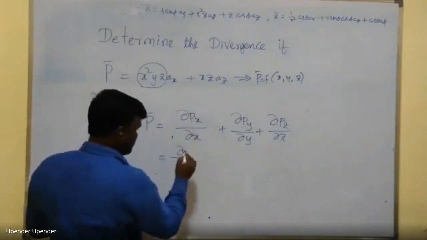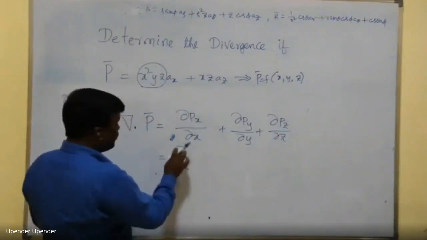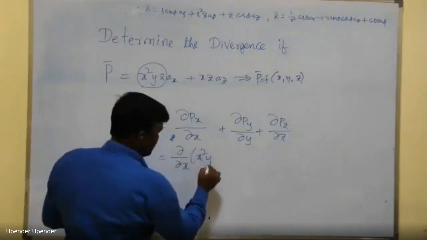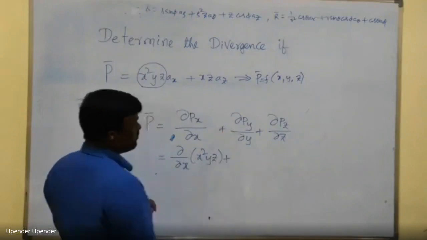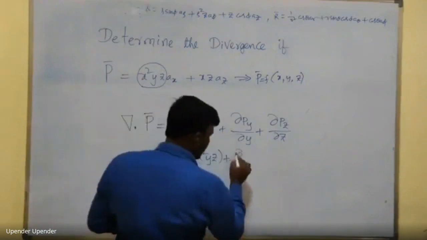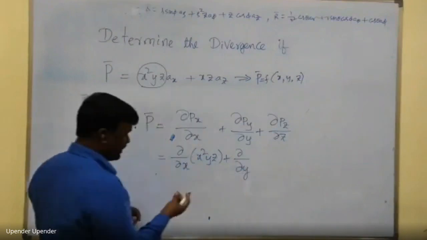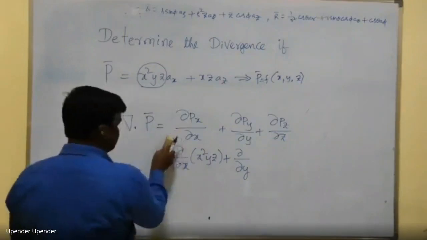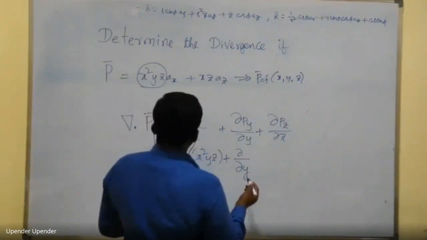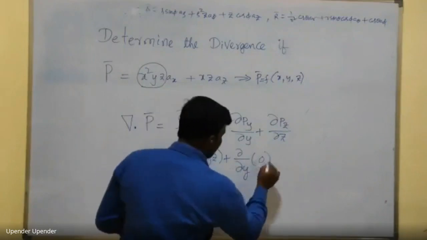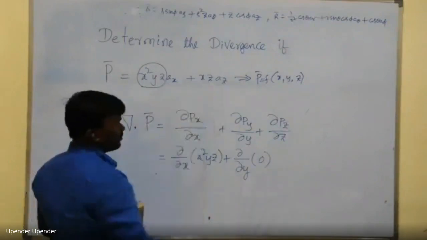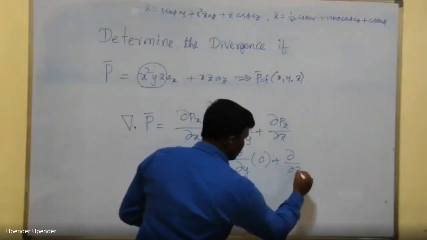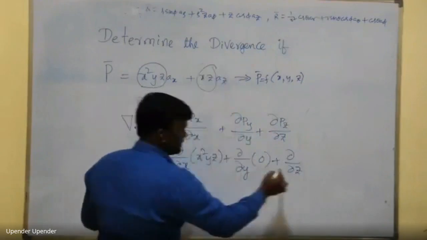Dou px by dou x means dou by dou x of this x square yz, dou py by dou y means dou by dou y of py. There is no y component, you have x component and z component, xz az. Now we can write dou by dou z of pz, that is xz.